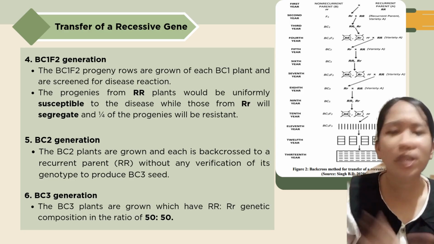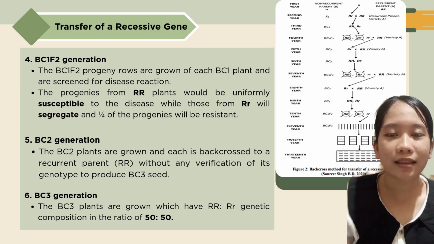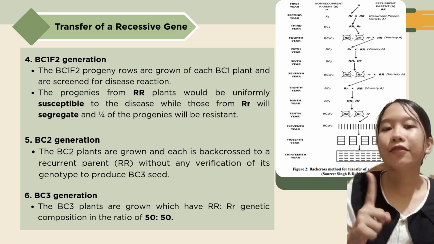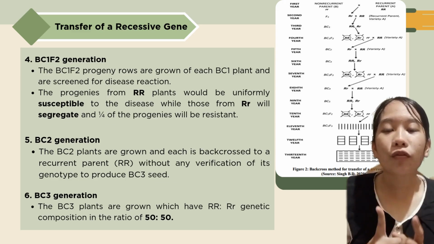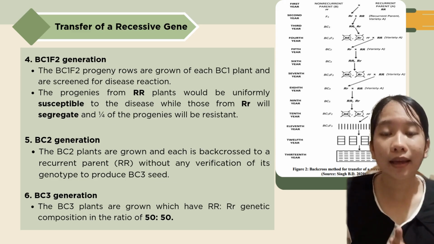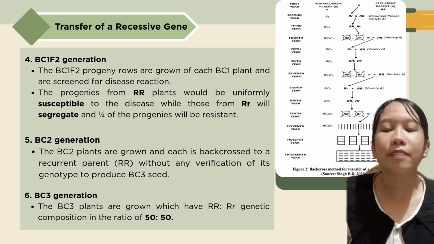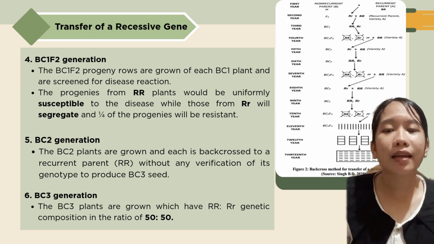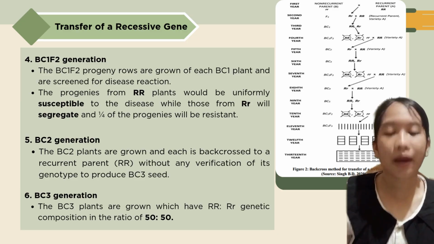There is no need to check each plant's genes at this stage. For the BC3 generation, the BC3 plants will again show a 50-50 mix of homozygous dominant and heterozygous. The process may continue until a stable resistant line is achieved that also looks like the original recurrent parent.